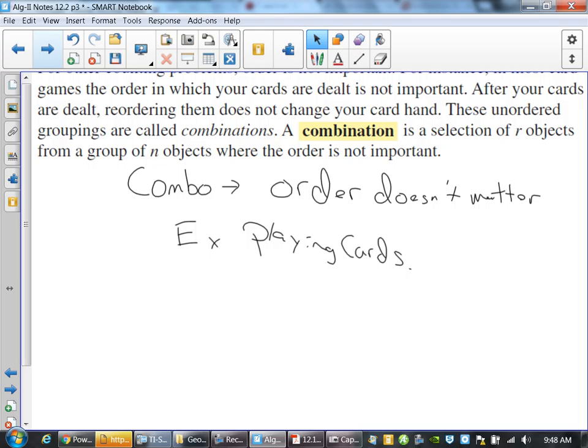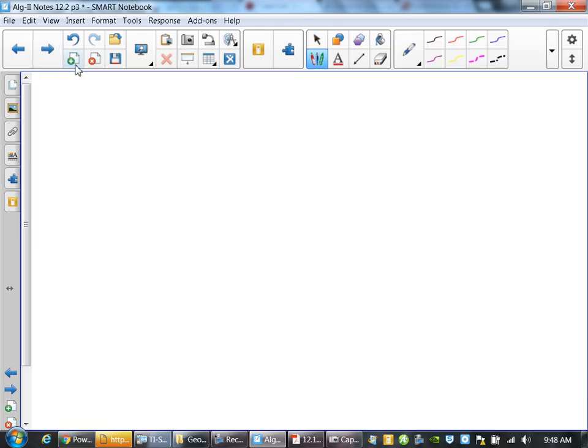So the idea comes in when you start looking at, pardon me, I'm going to write something down here. What happens then is if I want to look at the total number of poker hands, and I'm not talking about Texas Hold'em or anything like that, because that gets into a whole other different thing.